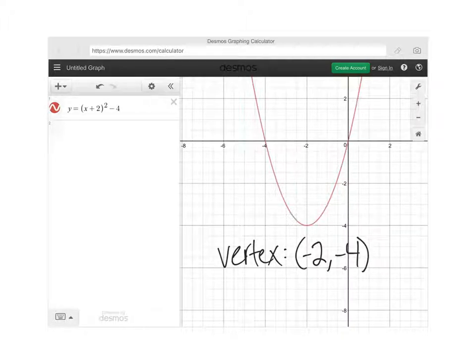Okay, so what this translates into is this equation, but what do I put in the parentheses? Because I went 2 to the left, so what do I put in this parentheses? If I want to do the opposite sign and I went 2 to the left, what do I write in my parentheses for my equation?